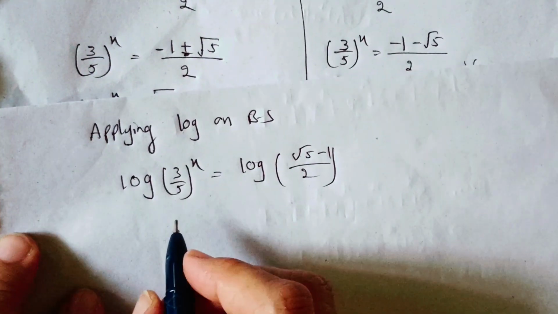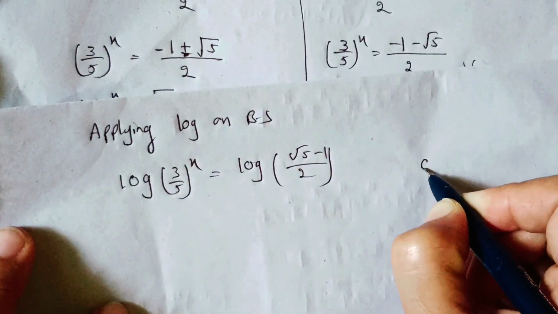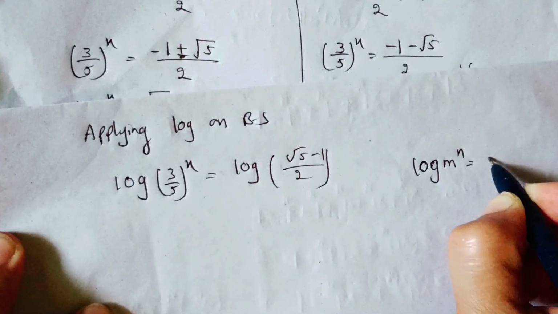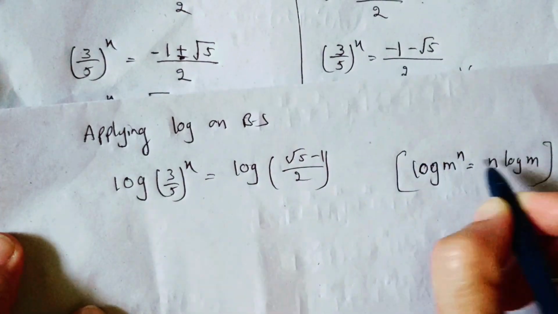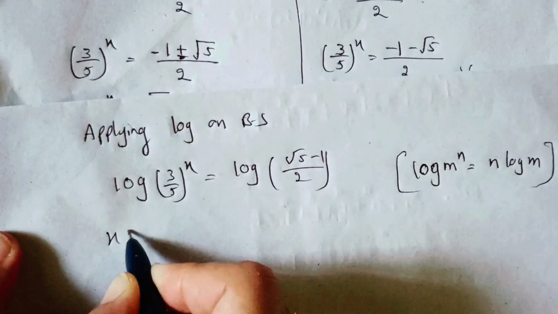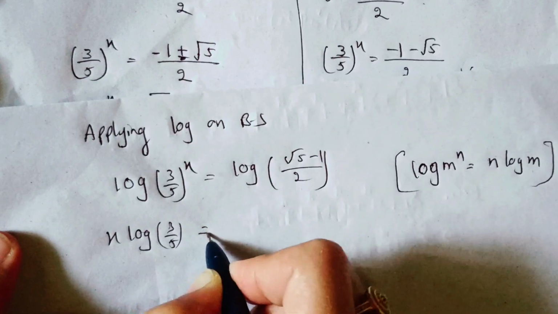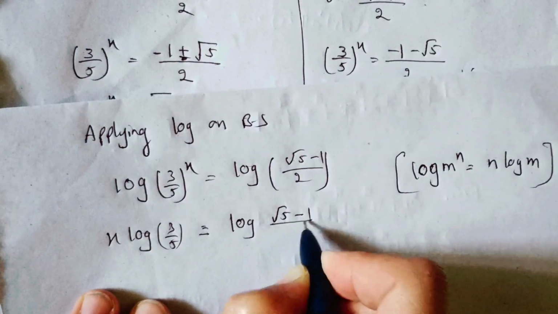We know one formula: log m power n equals n log m. So according to this formula, x log 3 by 5 equals log of (root 5 minus 1) by 2.